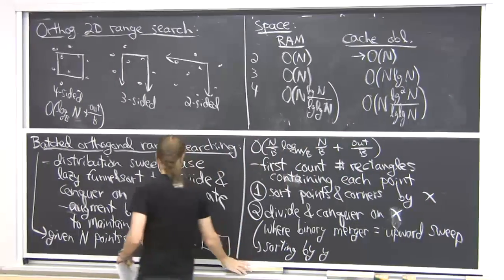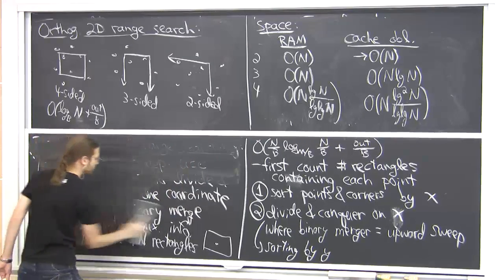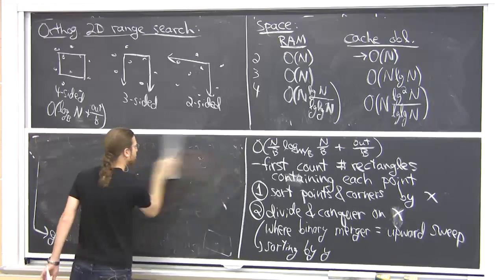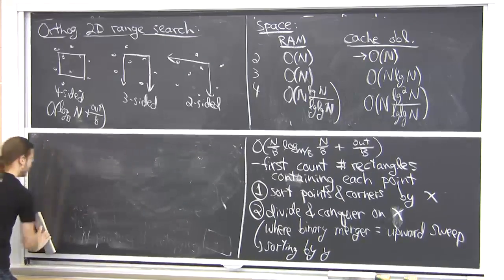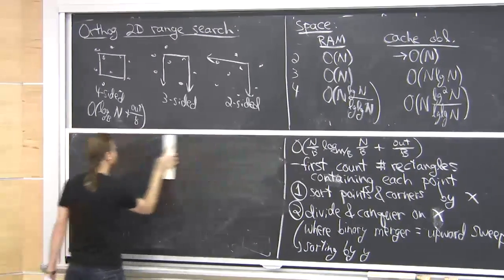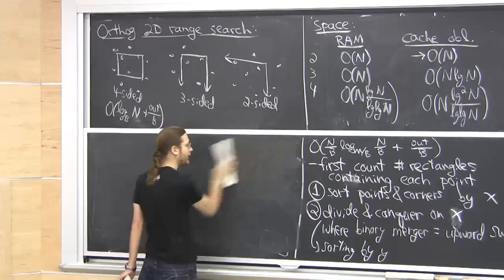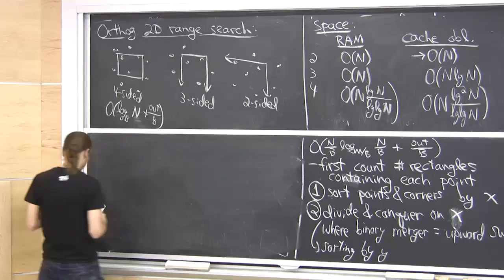We need a little more sophistication in how we do this partitioning, how we build our array, and we'll get it.